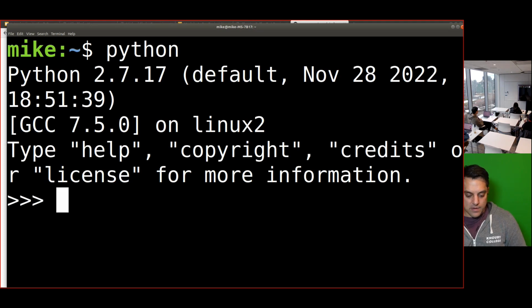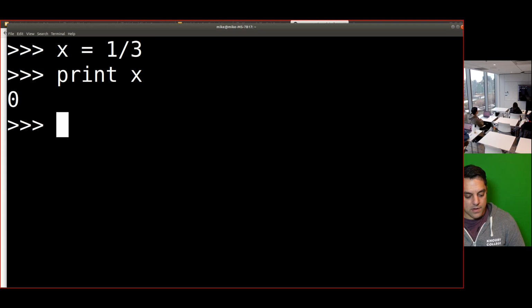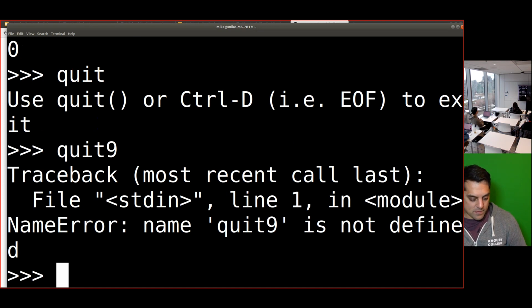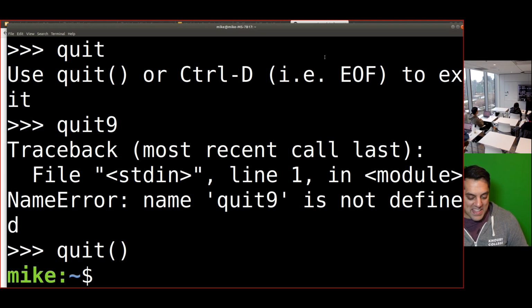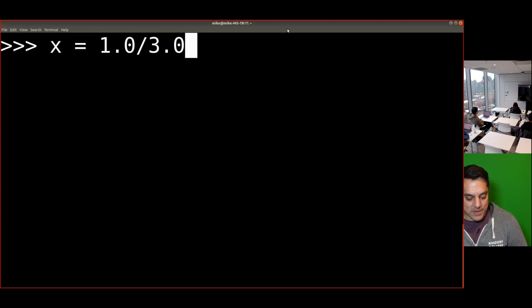I don't know, maybe I can do it in Python or something. Right, if I do, you know, x equals 1 divided by 3, let's see here. Let's see if we can. Python's not going to cooperate here. That's why we're using C++. No, I'm just kidding. X equals 1.0 divided by 3.0, right?